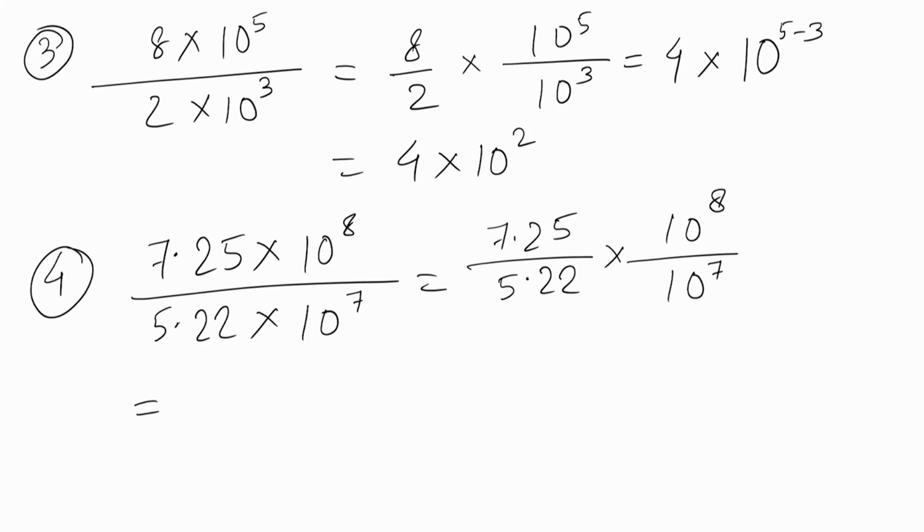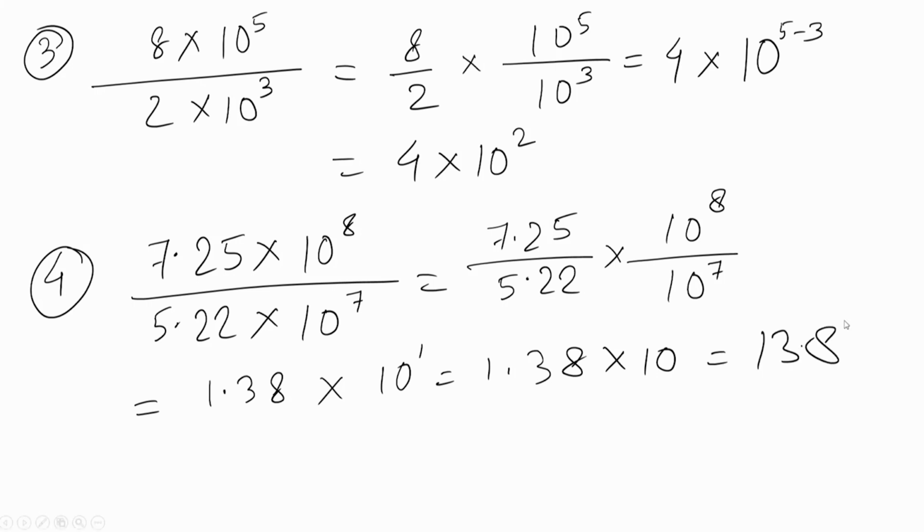So the answer will come as 1.38 into 10 to the power 8 minus 7, that is 1, or we can write 1.38 into 10, that is 13.8. So this is the multiplication and division using scientific notations.